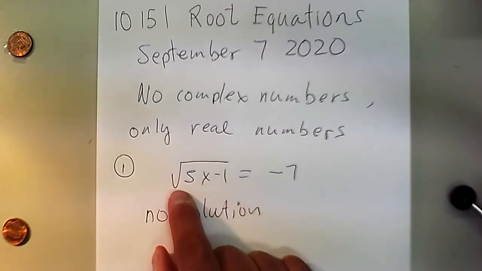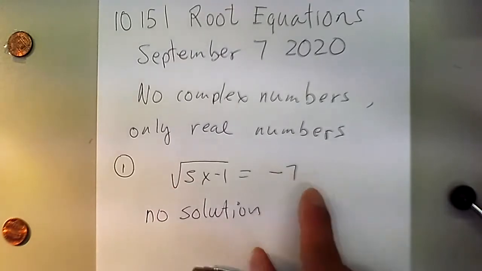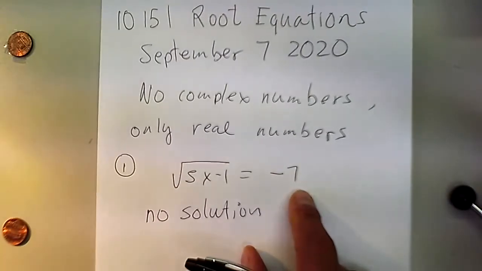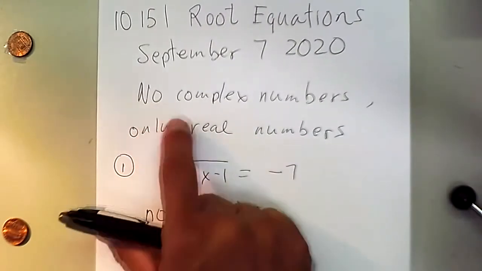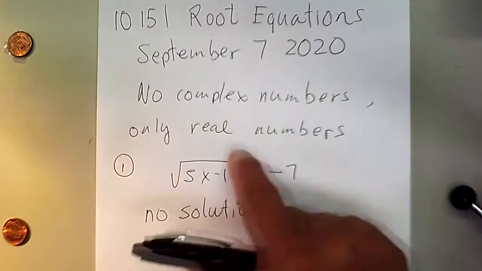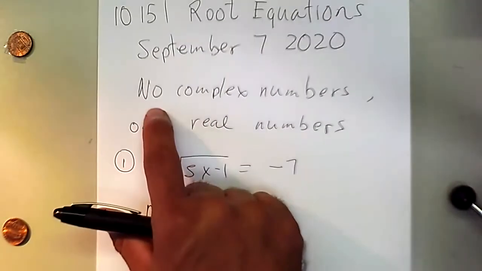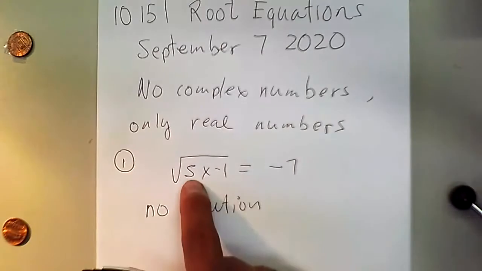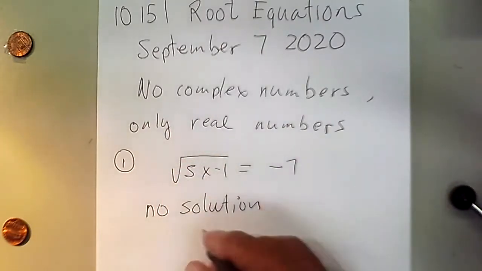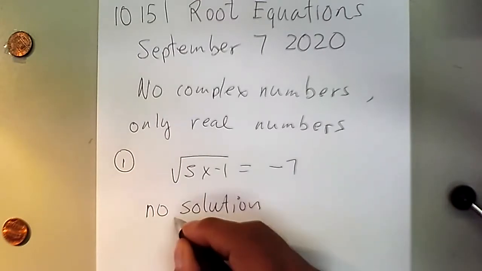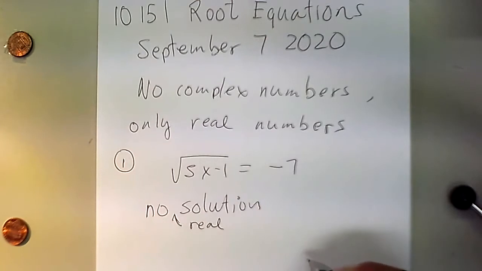So there is no way that this root is going to give us a negative number unless we are in the set of complex numbers. But we just established that in this study of root equations, we're not going to deal with complex numbers. So this equation has no real solution.